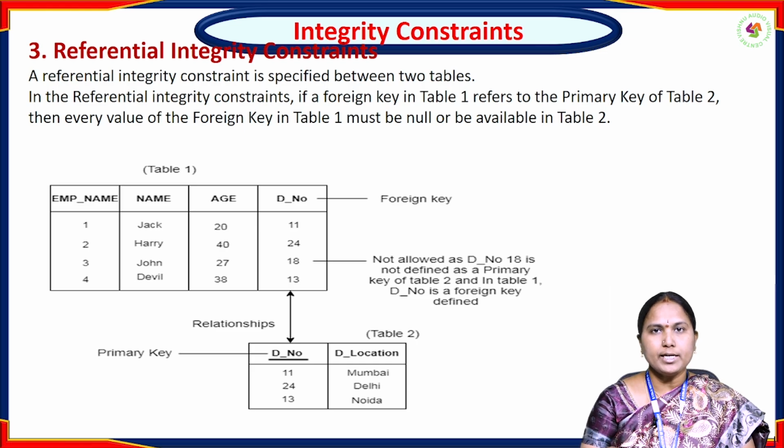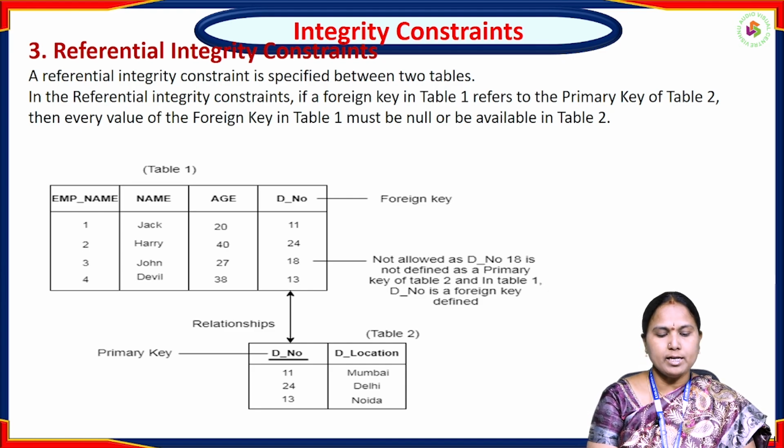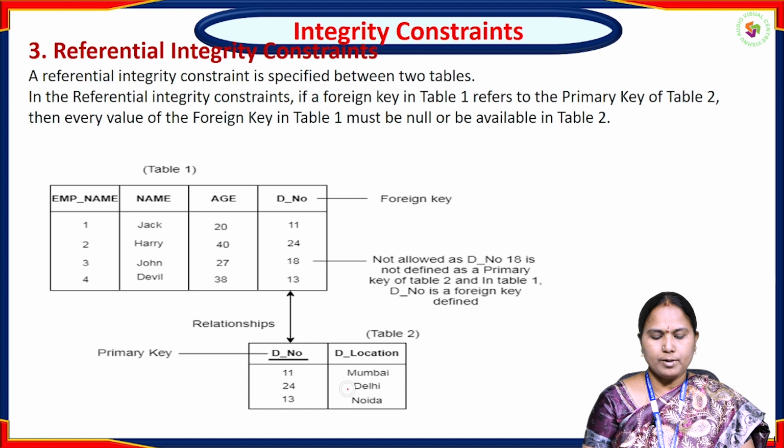Referential integrity constraint. What is meant by referential integrity constraint? Referential integrity constraint is nothing but it will create a reference from one table to the other table. See here, table 1, table 2. We are establishing a relationship between these two tables with the support of department number.